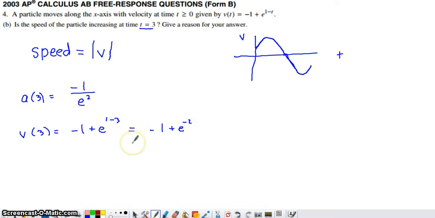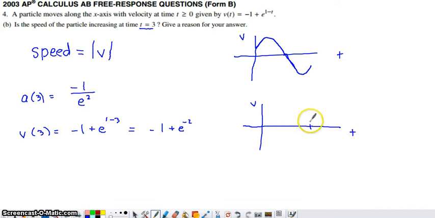So let's think about this here. We have a negative acceleration at 3. What's the sign of this? So basically what I'm trying to do is get to the point where we're going to be able to draw a little portion of our velocity graph near the t value of 3.